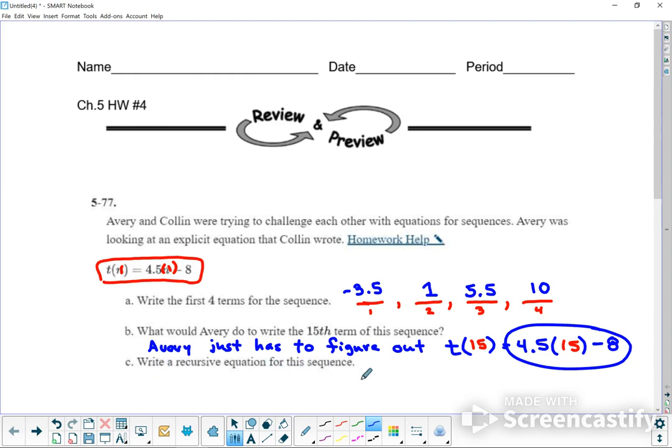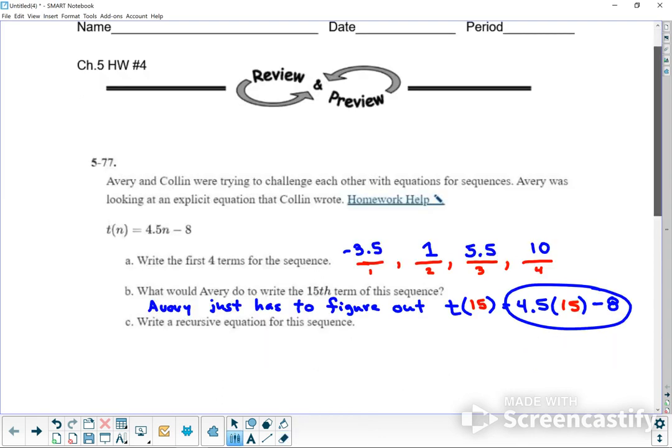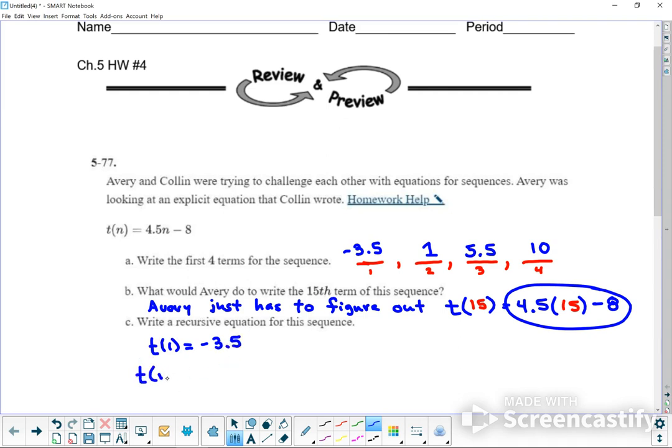Write a recursive equation for this sequence. So with recursive, remember, you can start with any term you want. I'm going to start with term 1. T1 equals negative 3.5. And then the next term, T of n plus 1, is going to equal the previous term, T of n.